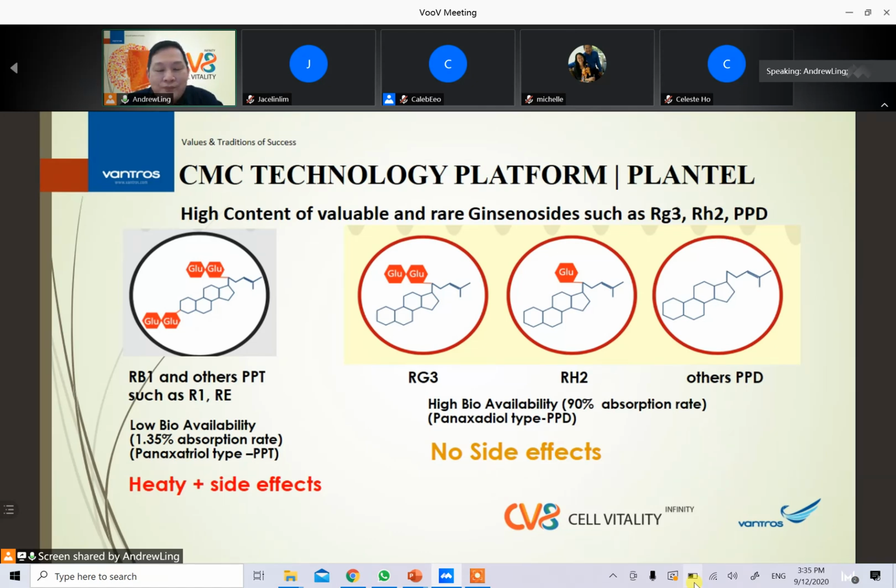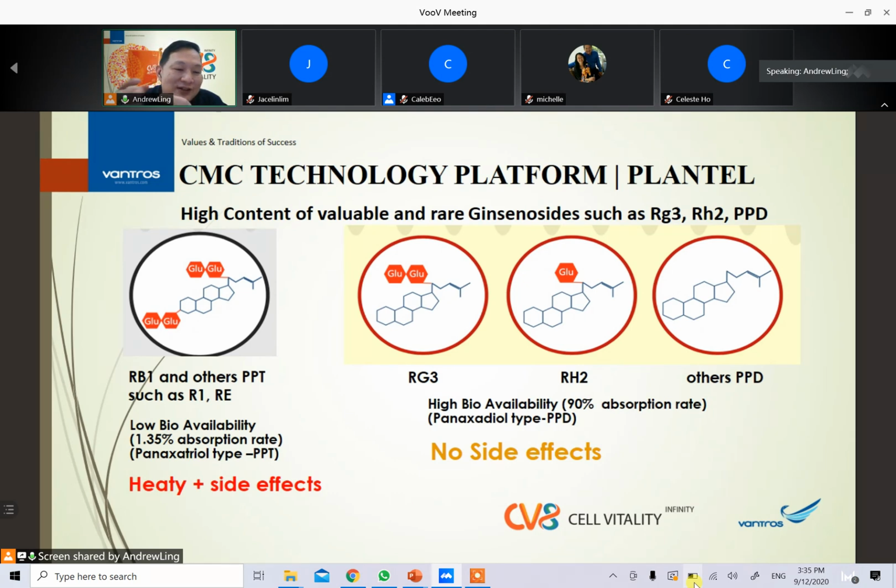The other good thing is that the very common ginsenosides, RB1, R1 or RE, which are referred to as PPT, are completely eliminated.